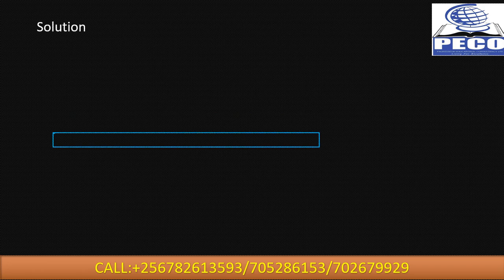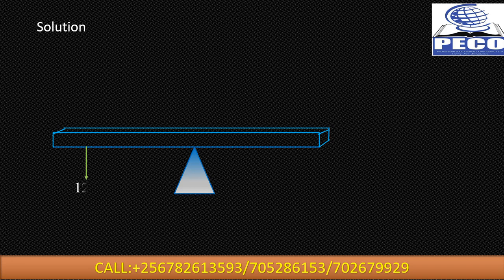So we now look at the solution. We draw our diagram again and indicate the directions of the moment of force. It is pivoted at that point, 12 newtons, 3 meters, and the one of 10 newtons, 1.5 downwards.